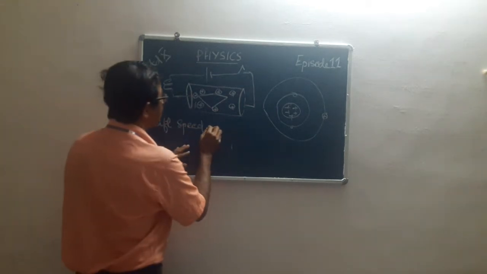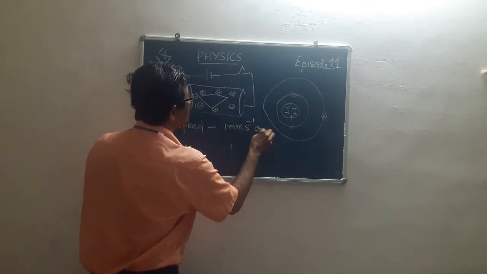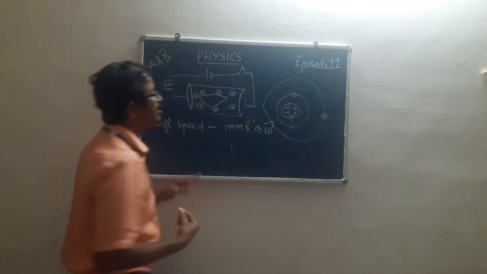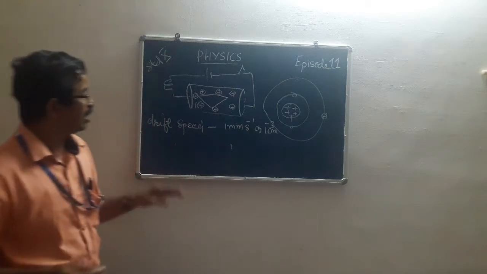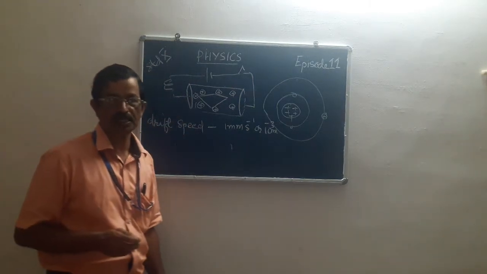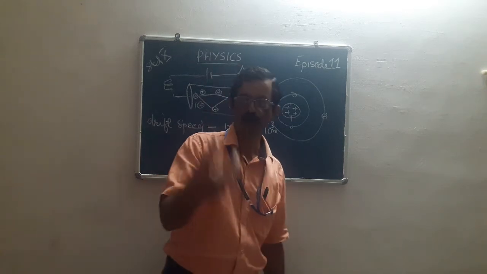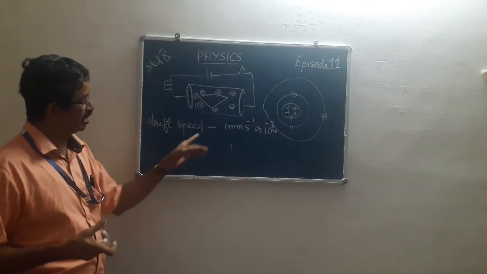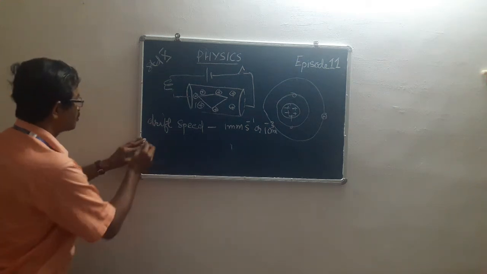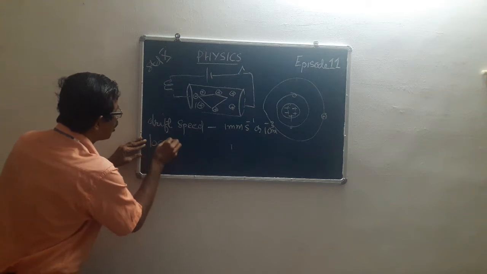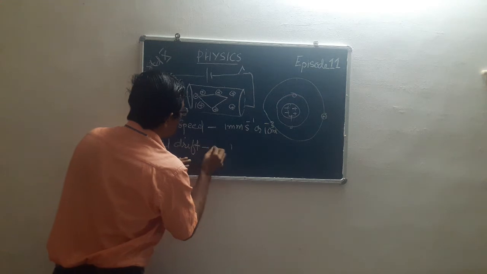It is 1 millimeter per second, or 10 raised to minus 3 meter per second. Then how does the bulb glow when we switch on? At the same instant the bulb glows, with no time lag. How is this happening? It is due to the local drift of electrons.